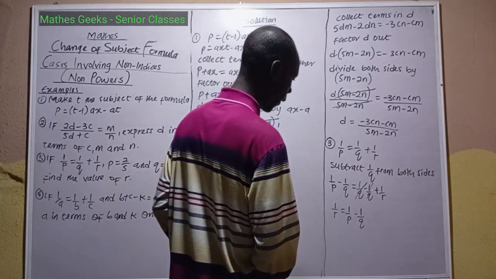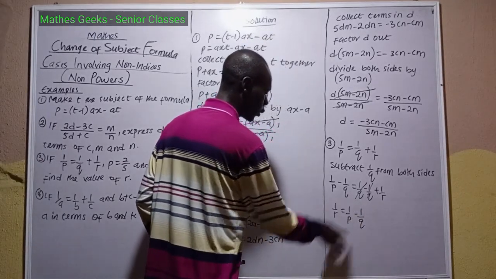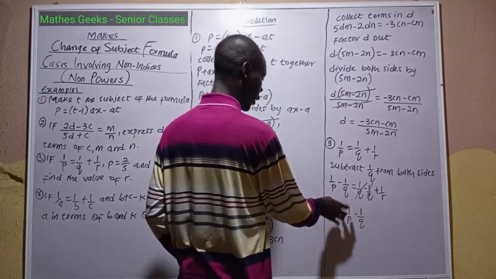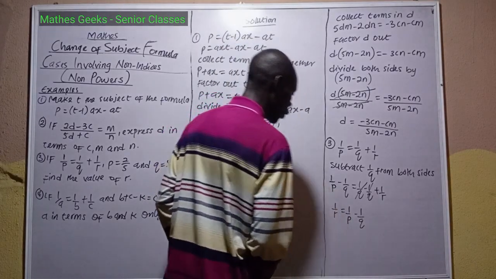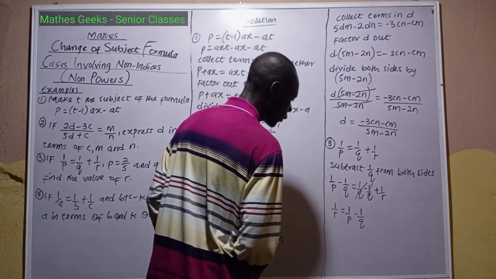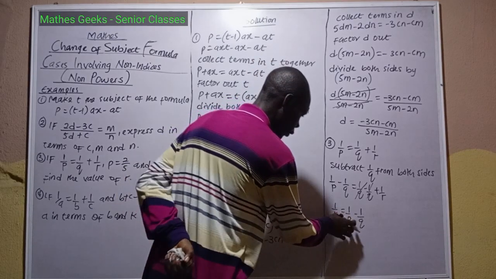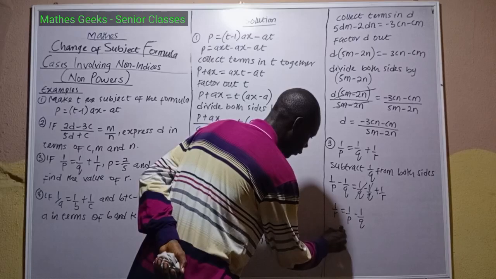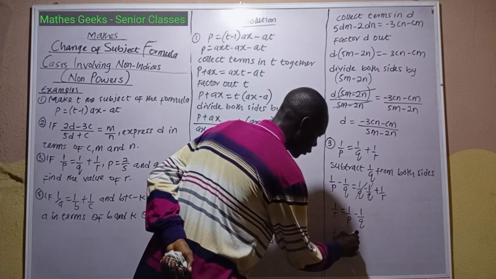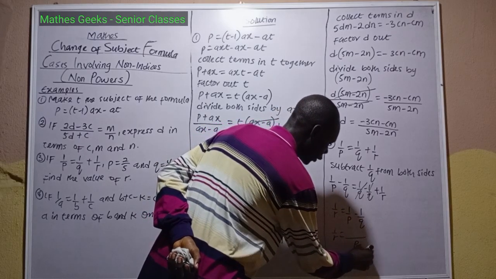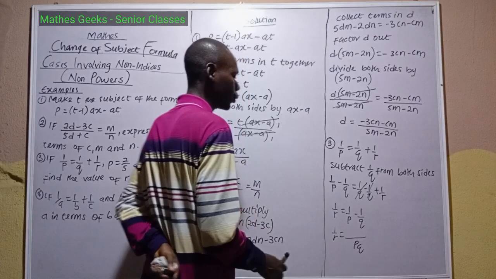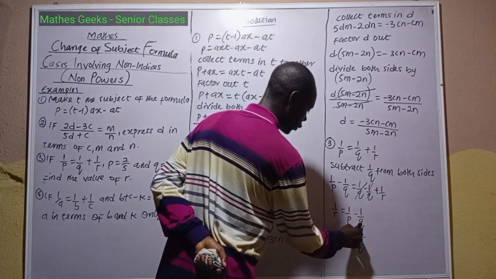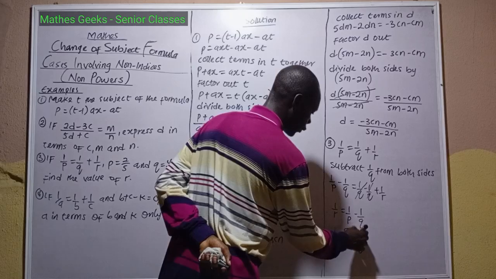So this is in inverse form. Let's make sure that r is in the normal form. Let's get the LCM and simplify this part. 1 over r is equal to the LCM of p and q, which is pq. pq divided by p will give us q. pq divided by q will be p.